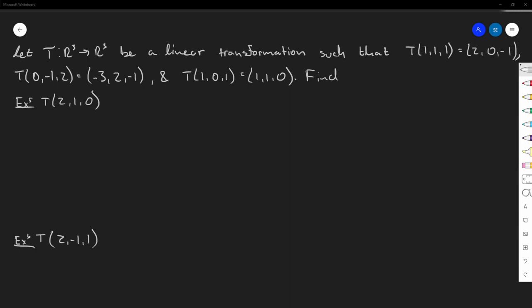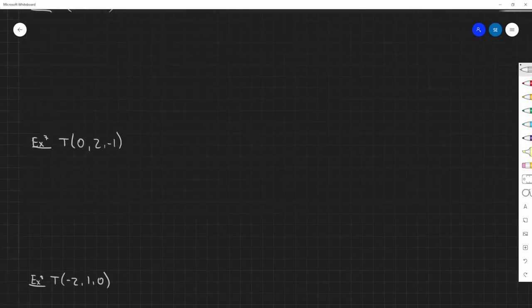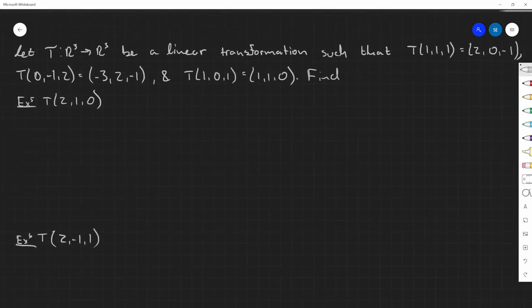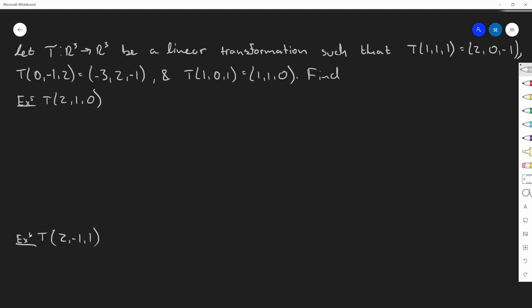So now we have to find these four outputs, given the input being T of (2, 1, 0).